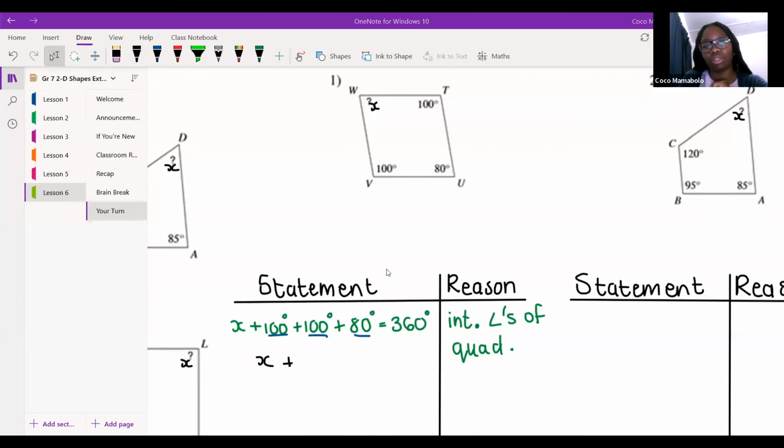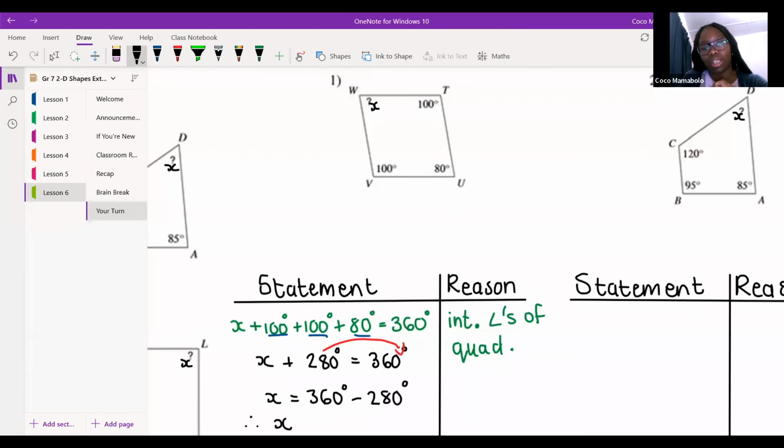Well done, guys. 280 degrees is equal to 360 degrees. Then my next step will be x is equal to, and I'm going to take my 280 degrees all the way to the other side. And we're going to go x is equal to 360 degrees minus 280 degrees.